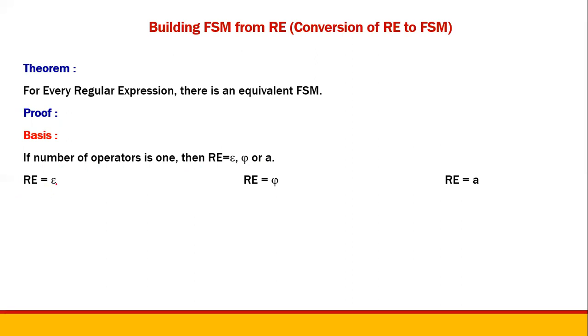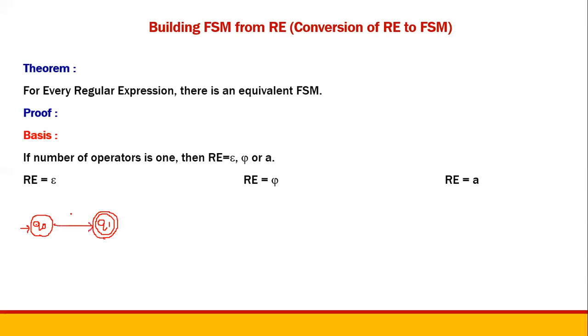So all of you know that epsilon is nothing but an empty string. So when you have an empty string, it can read an empty string and it can go to the final state. So let me just give the equivalent FSM for this. So let's have Q naught as the start state, and upon reading epsilon, it can move on to the next state, which becomes the final state.